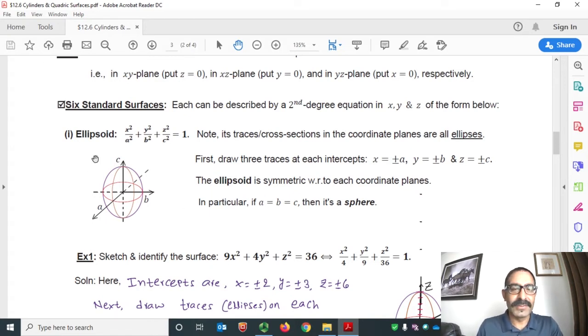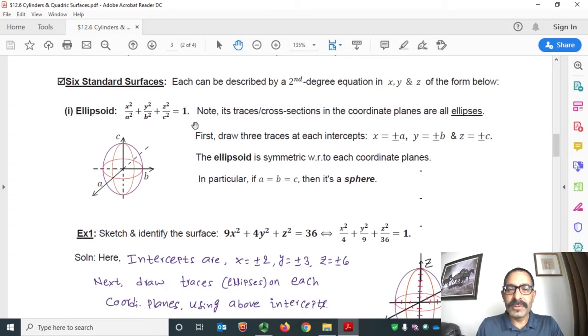First, let's talk about the ellipsoid, whose standard equation is x squared over a squared plus y squared over b squared plus z squared over c squared equals 1. Its counterpart in R2 is the ellipse. Now here is an ellipsoid in 3D. Quick note, its traces in the coordinate planes are all ellipses.